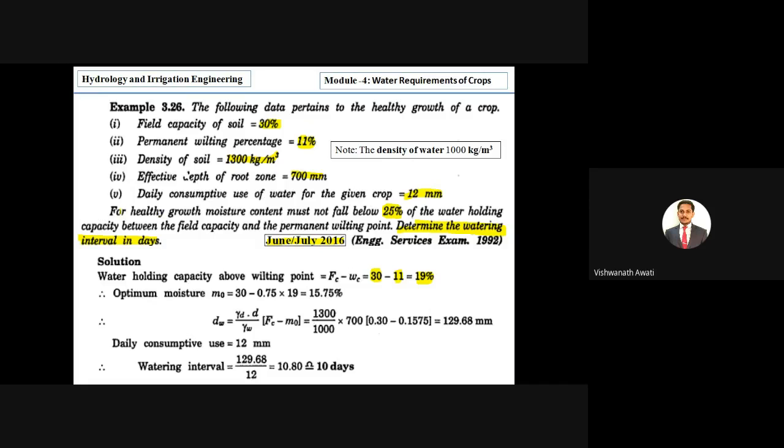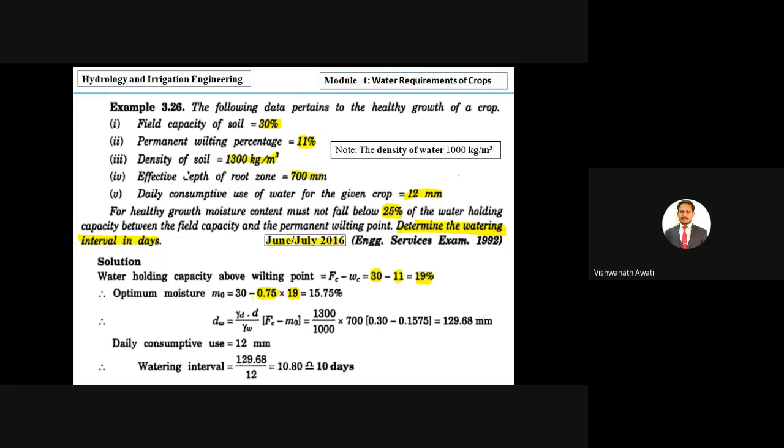You can see that for healthy growth the moisture content must not fall below 25% of the water holding capacity between field capacity and permanent wilting point. So how much is readily available? 75% is readily available, so readily available is 75% into available moisture.